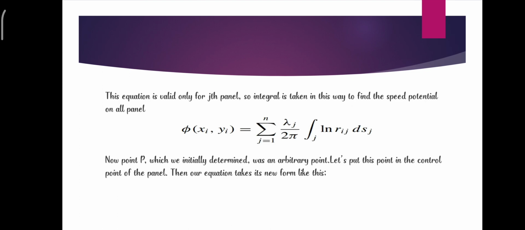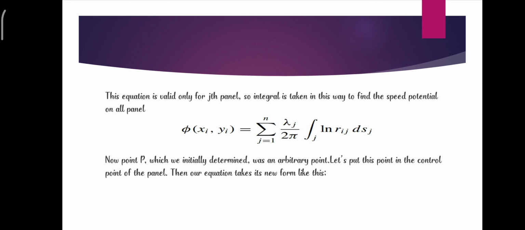So the speed potential of the panel, φ(x_i, y_i), is equal to the sum over j of λ_j / 2π times the integral of ln r_ij ds_j.